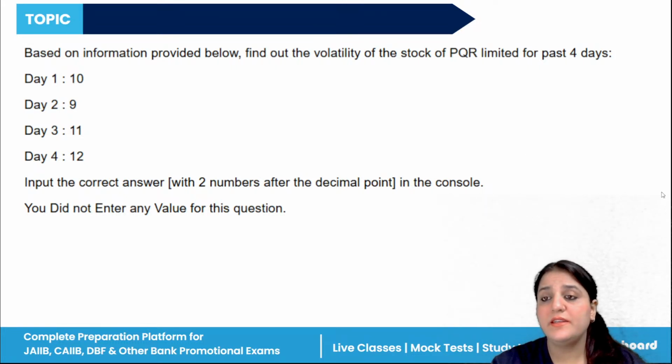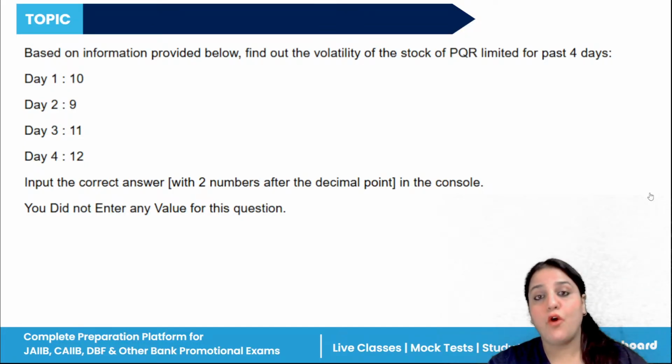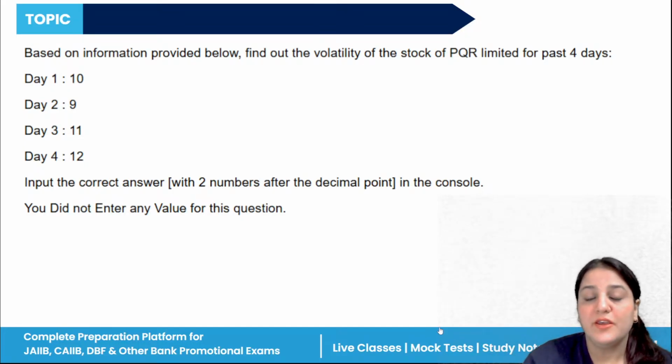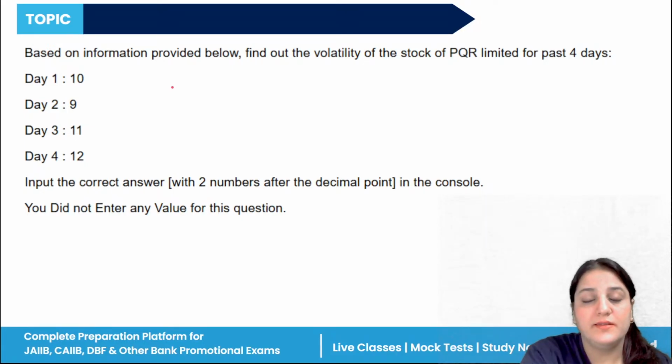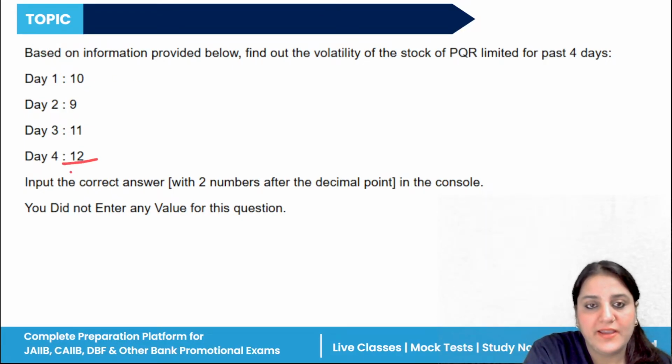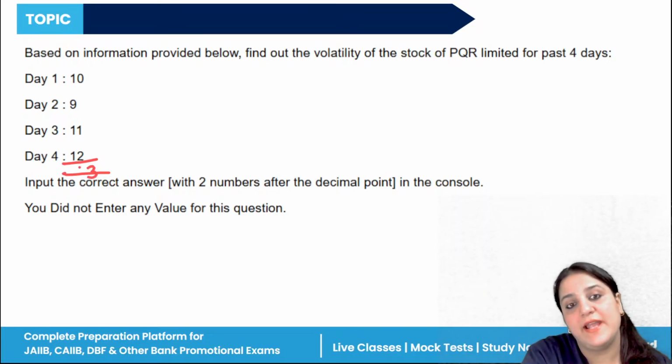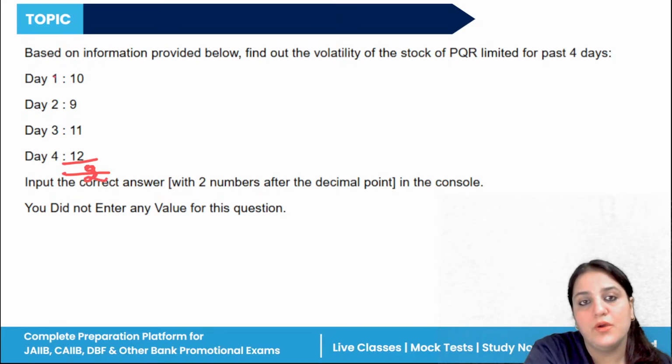See, here day-wise volatility is given. So what we can do in that case, we know that we need the average. If I calculate that, the total is 42, and days are 4.